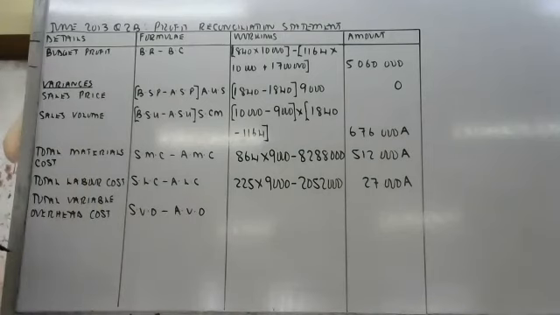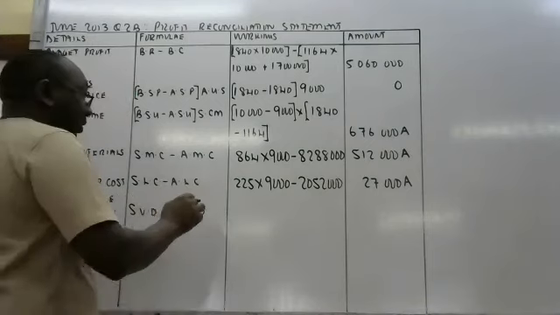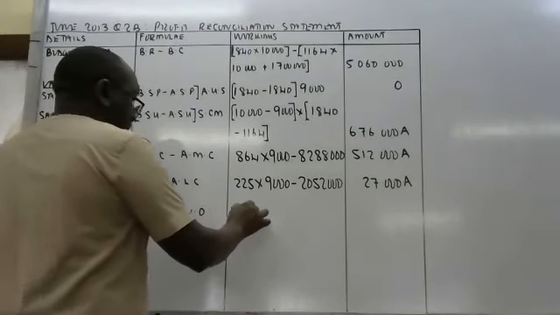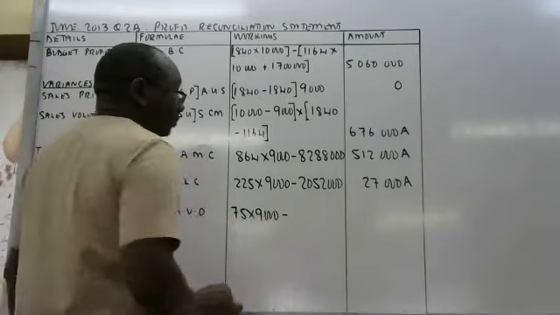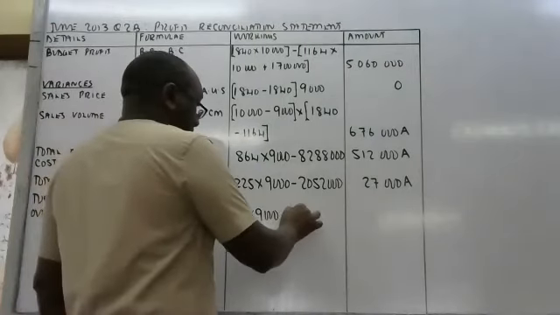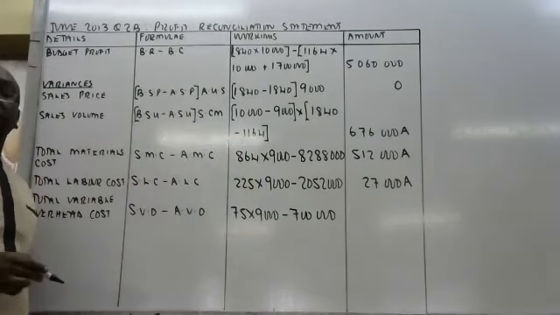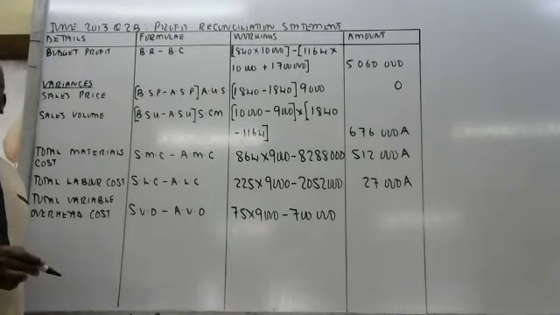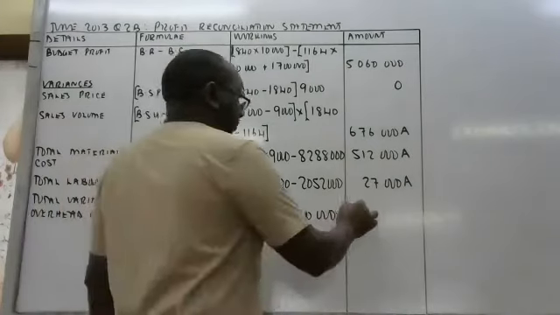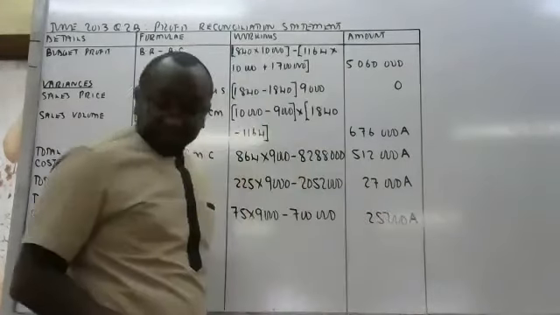The standard is 75 multiplied by 9,000, minus the actual of 700,000. That is $25,000. Favorable or adverse? Adverse.